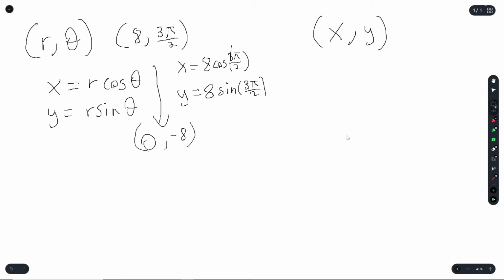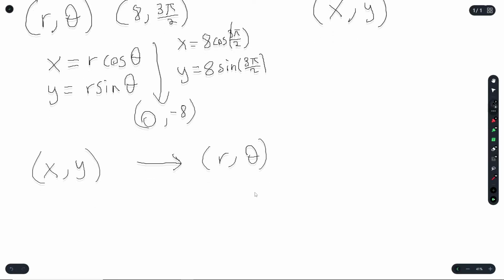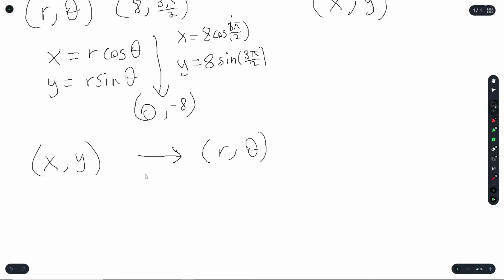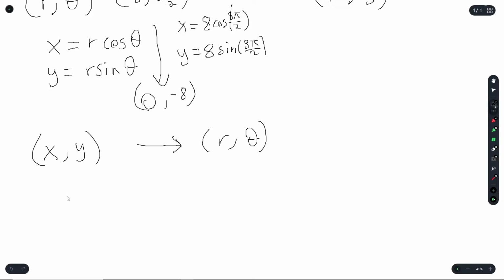Now converting from the xy to the r theta coordinate is a bit more complicated, but it's still relatively easy. So from xy to r and theta. First of all, you'll have to find r, and r is pretty easy to find. r squared is equal to x squared plus y squared.